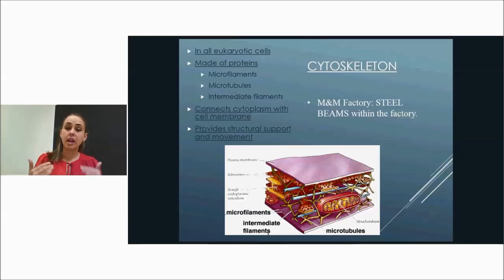Again, if you have not yet watched The Hidden Life of the Cell from the BBC, then go ahead and watch that, because it shows the cytoskeleton animation just beautifully with the motor proteins walking across it. And so in the M&M factory, you'll see the steel beams within the factory. It just gives it structure and support and makes sure that the cell isn't collapsing in on itself.